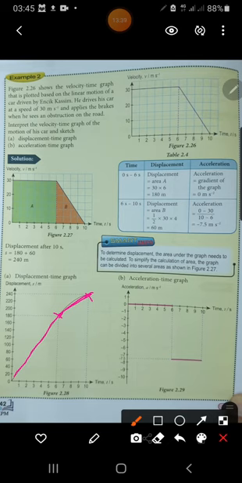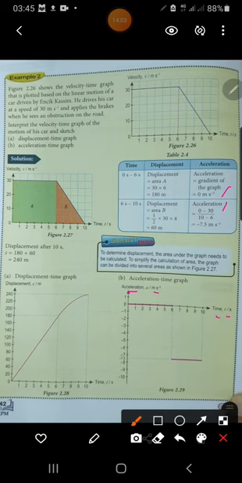Now we go to the acceleration-time graph. As usual, there must be a y-axis and an x-axis. The y-axis is acceleration, the unit is meter per second square. And the x-axis is time, the unit is second. You have to refer back to the data that you interpreted here.